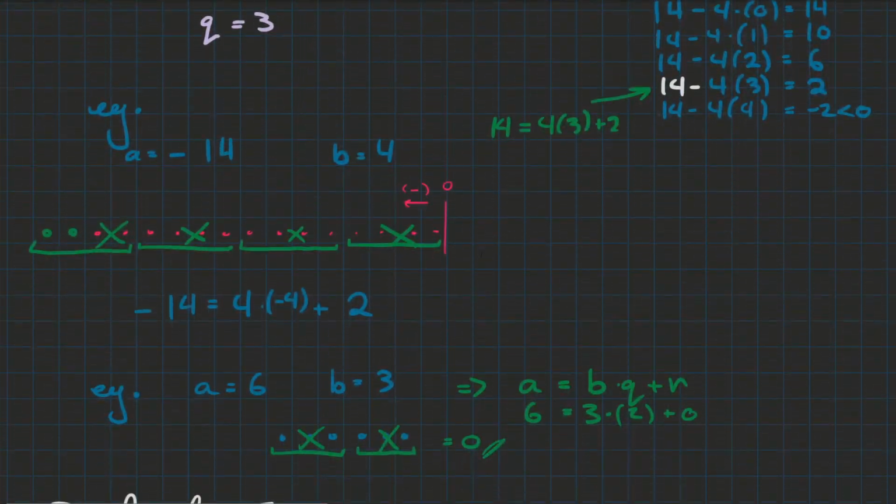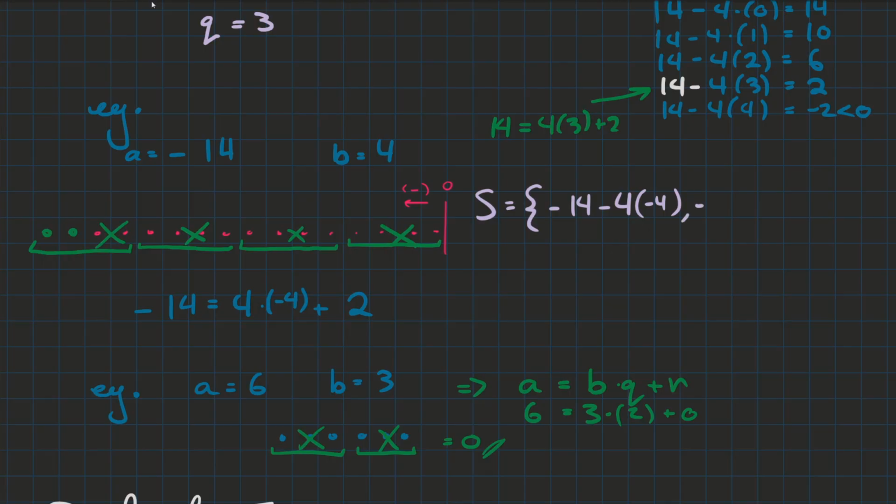Let's think a little about this example with the negatives. Sorry, I don't want to get too cluttered, but I think it's good to talk about all these examples. The set S is going to be negative 14 minus 4 times something to make it positive. We certainly have negative 4 in there, so negative 14 plus 16 is positive 2.